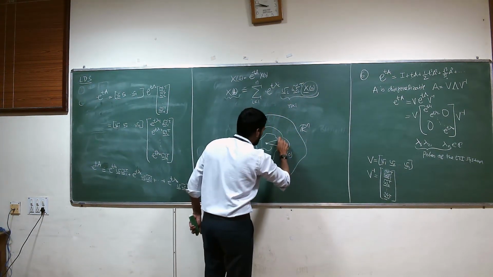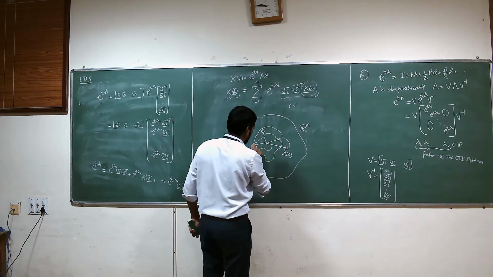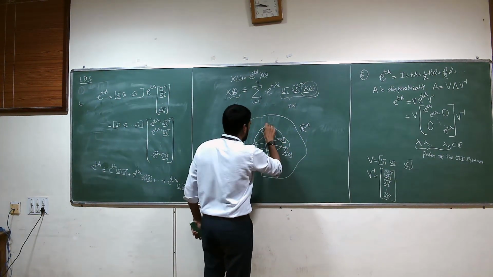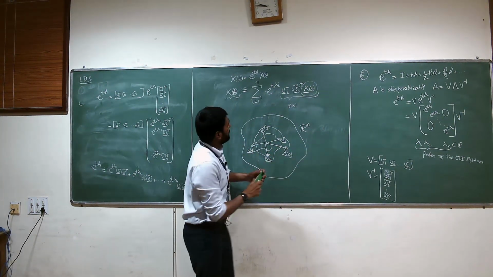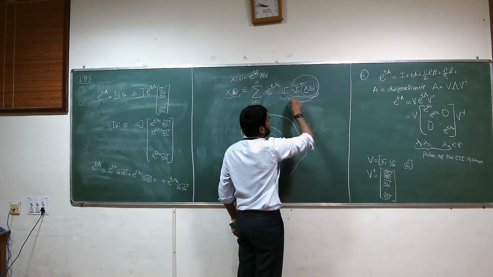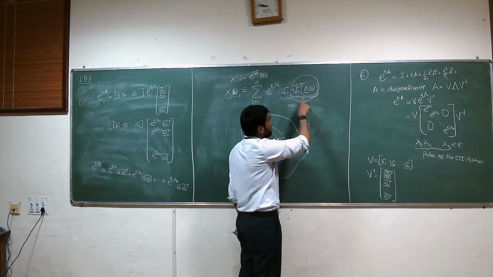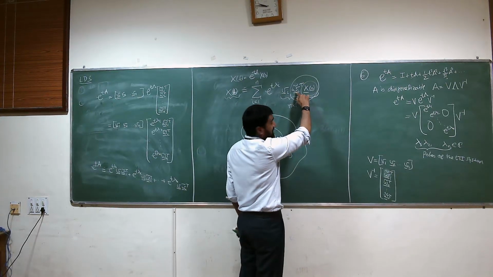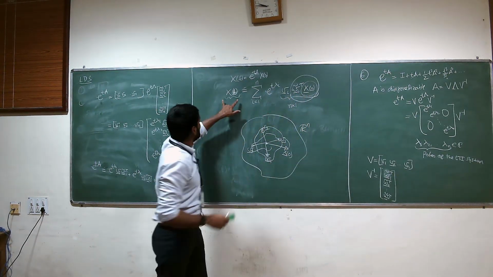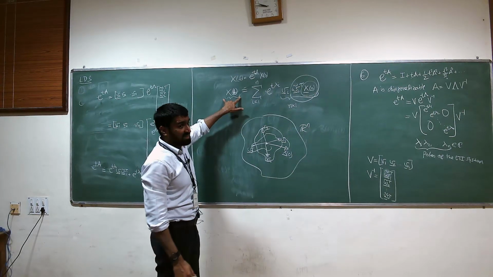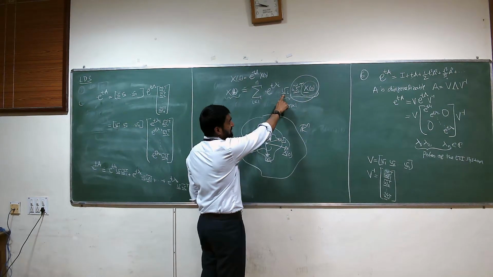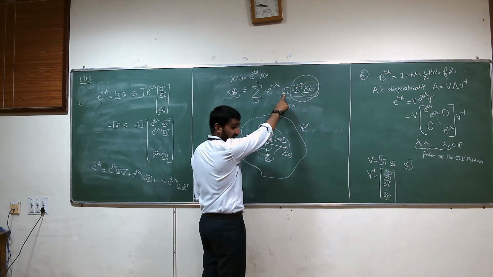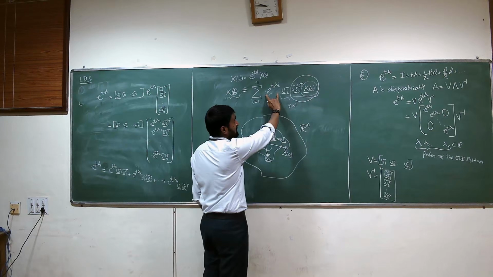So if these are your eigenvectors, this is v1, this is v2, this is v3, this is v4, because here this is an inner product, a scalar, multiplied by vi. That means you're expressing your zero input response as scaled versions of your eigenvectors whose amplitude is determined by the exponential of the eigenvalues.